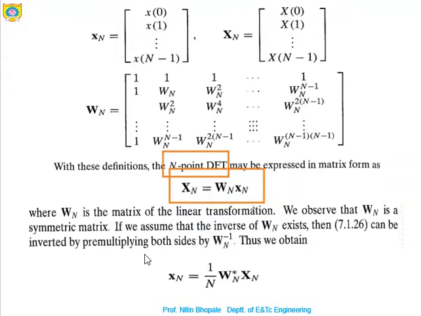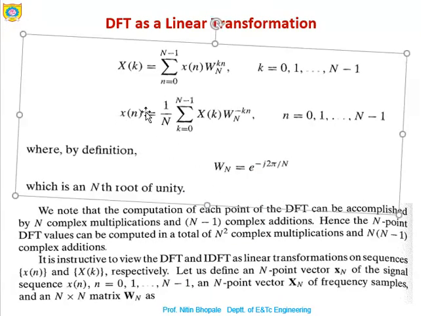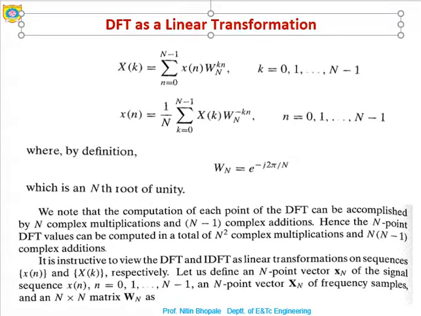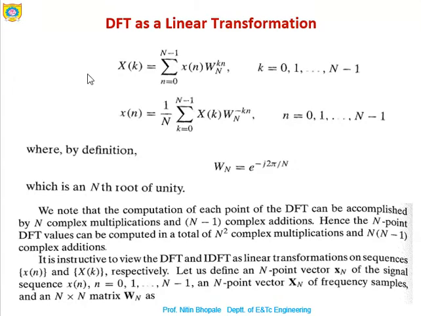Similarly, in order to get the IDFT, we simply write x of n is equal to 1 by n, Wn star, meaning the inversion of the Twiddle factor matrix, into capital X of k. If someone wants to verify this expression with the earlier statement, let me highlight it. This statement is nothing but the IDFT.